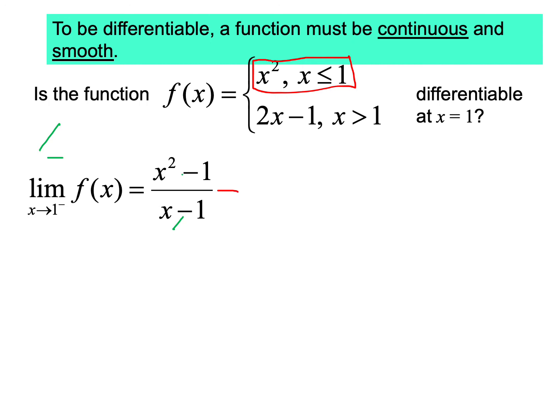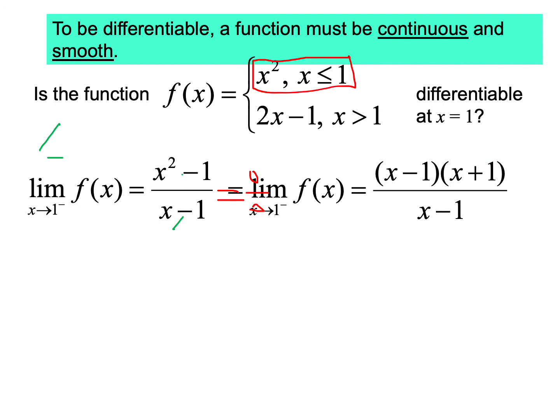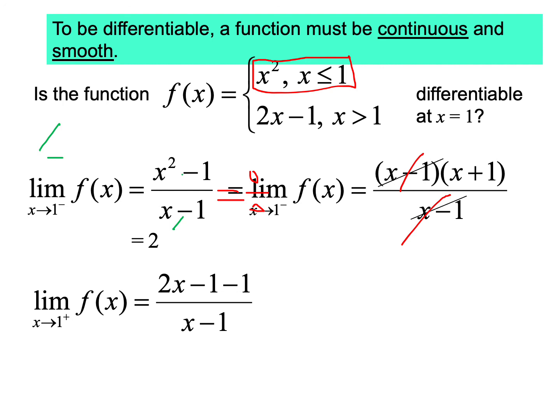Now if I replace, as usual, we will get 0 over 0. So in this case I will do factoring, and we easily remember the difference of two squares: x minus 1 times x plus 1. Then we cancel x minus 1 with x minus 1 as a common factor, and we get only 2. So the derivative exists and equals 2.